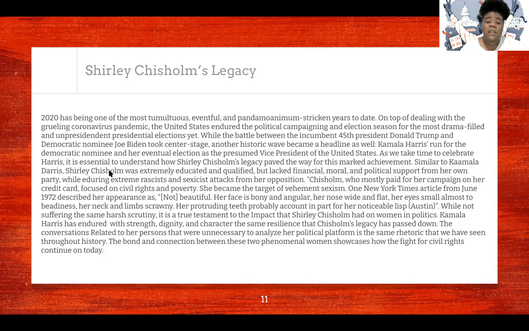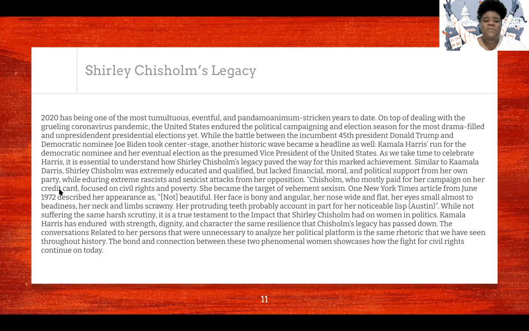As we take time to celebrate Harris, it is essential to understand how Shirley Chisholm's legacy paved the way for this marked achievement.